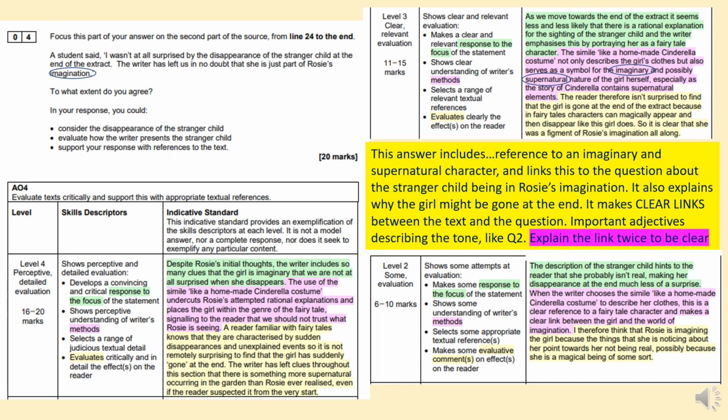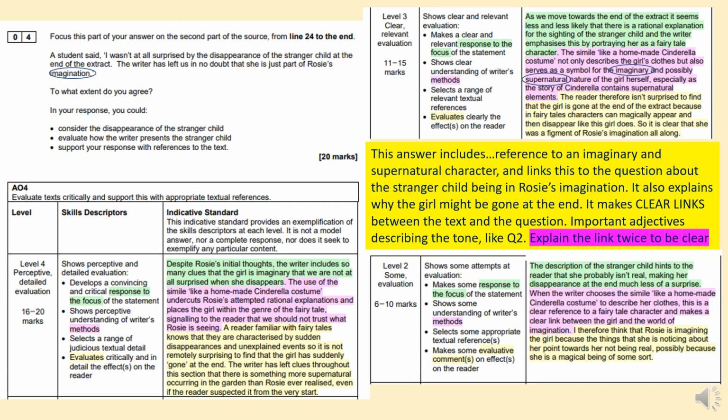Important adjectives describing the tone, like in question 2, are mentioned more than once, and there are 2 of them, imaginary and supernatural. So you need to make sure that you explain the link at least twice to be clear, so you're not just graded as having attempted that, but that you actually have done it clearly, because level 3 shows that you understand it clearly.